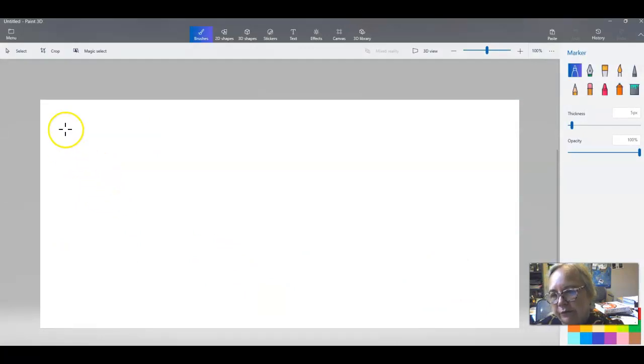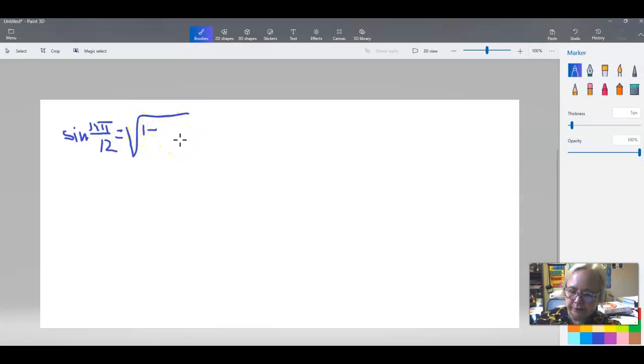So we have sine 11 pi over 12 equals positive, as we discussed, the square root of 1 minus cosine 11 pi over 6. We already found the value. It is square root of 3 over 2, so we subtract square root of 3 over 2, all over 2. Now make sure you extend the square root.